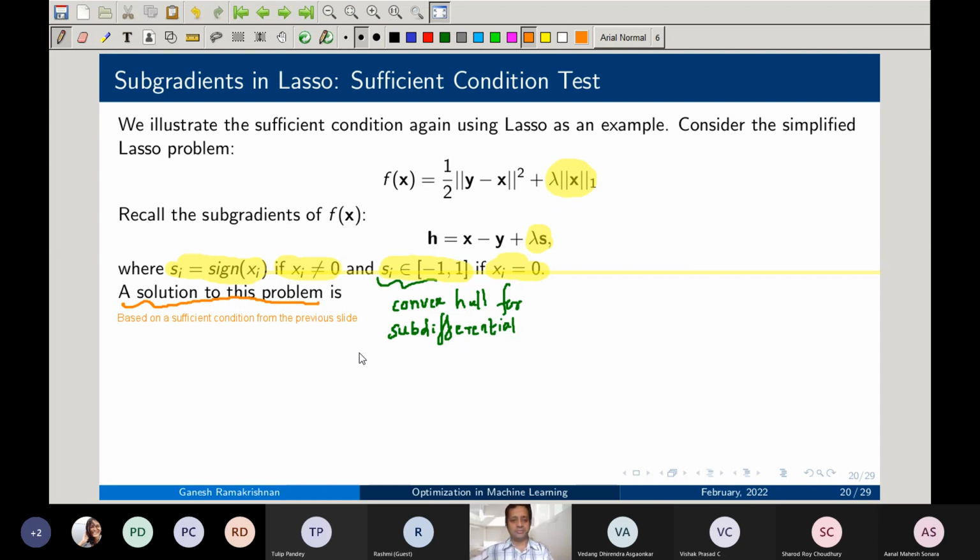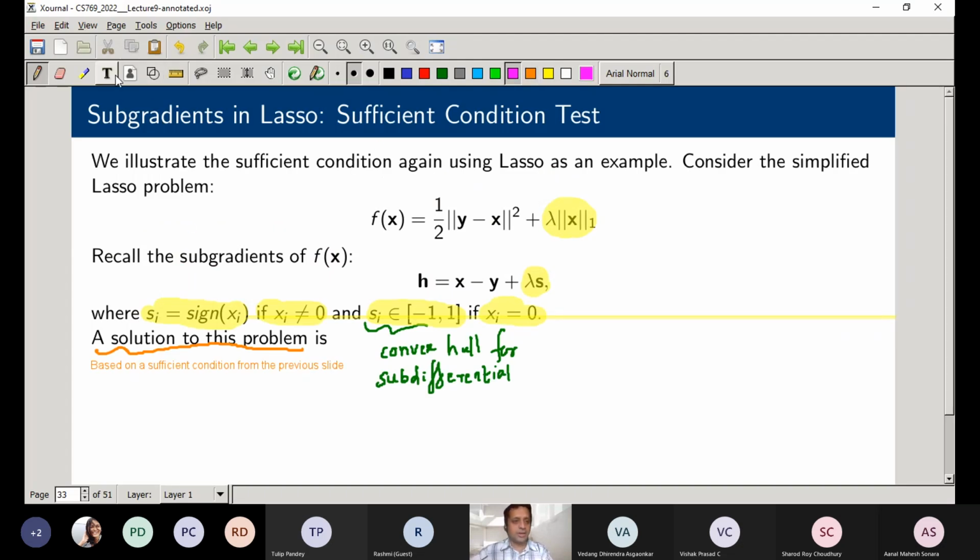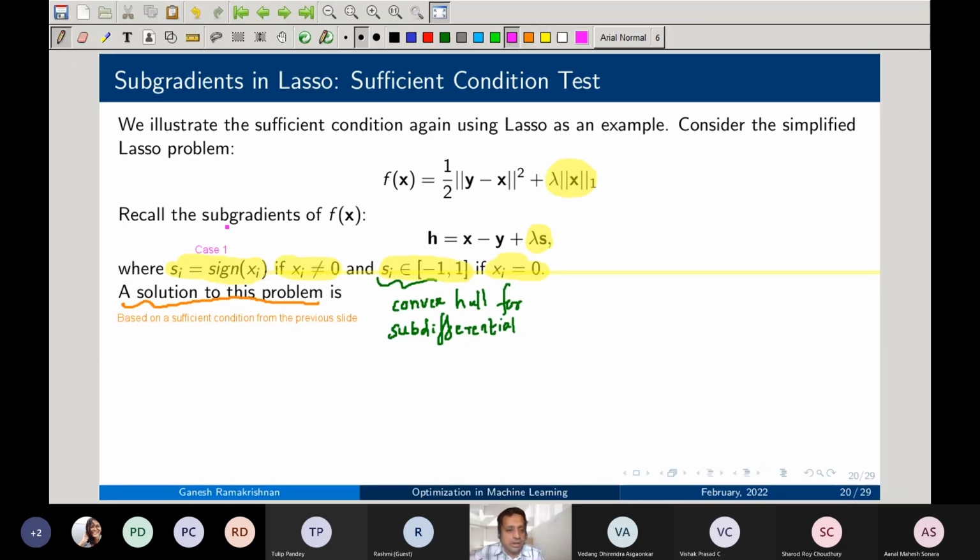So let's write down. I'm going to highlight this as case 1. Case 1 is s_i equals sign of x_i. Let's call this entire expression case 1, and we'll likewise write down something for case 2.